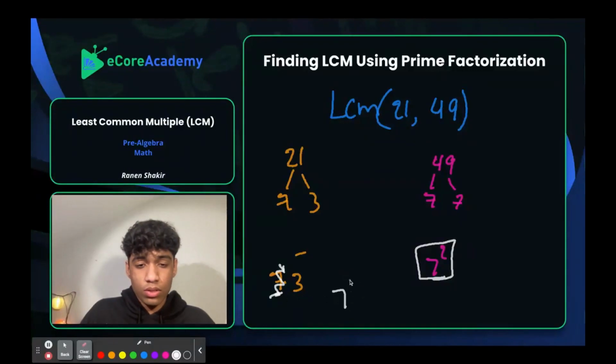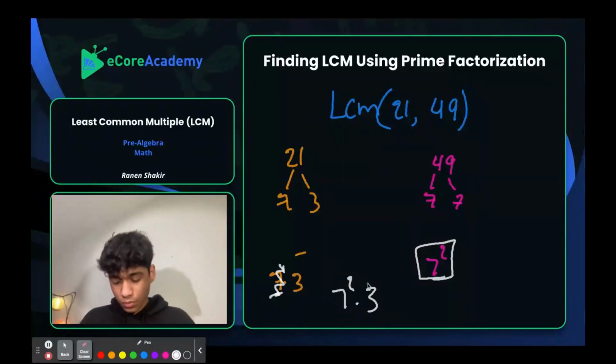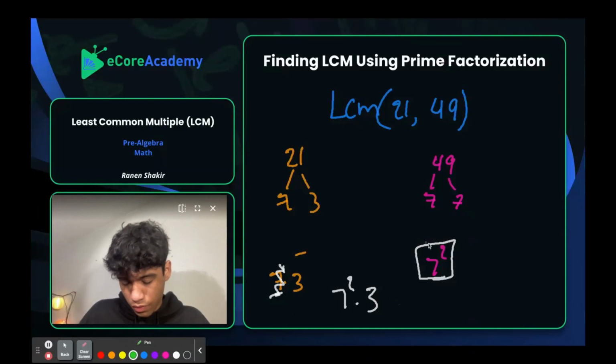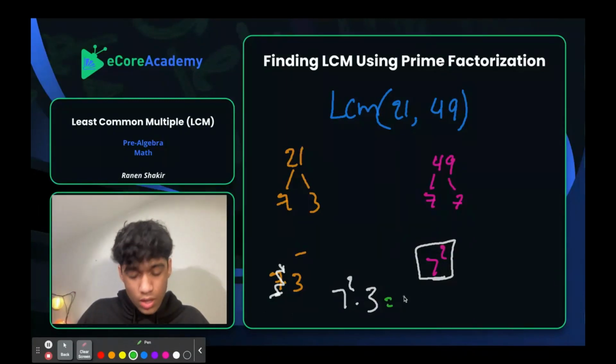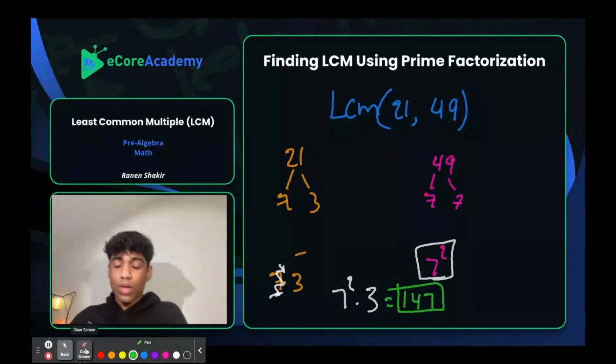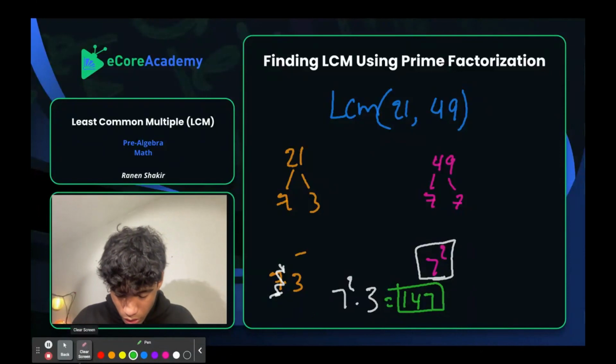So then we do 7 squared times 3, which is 49 times 3. And our LCM of 21 and 49, you should have gotten, is 147. There you go.